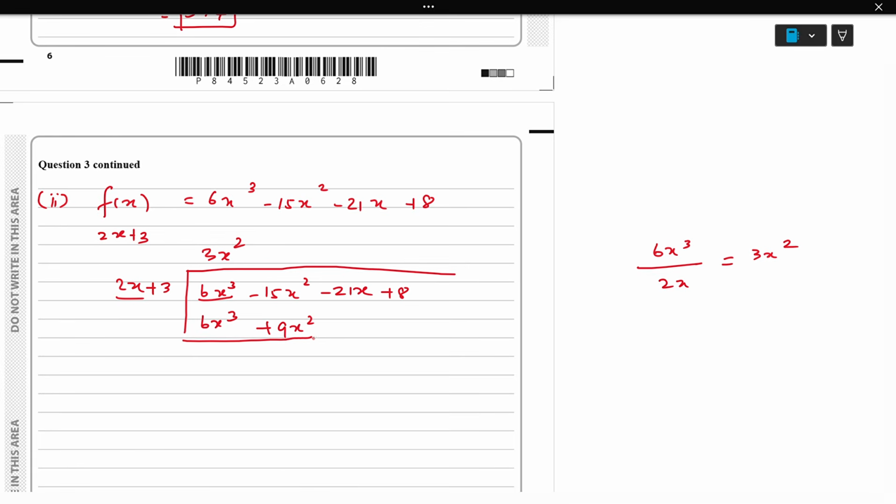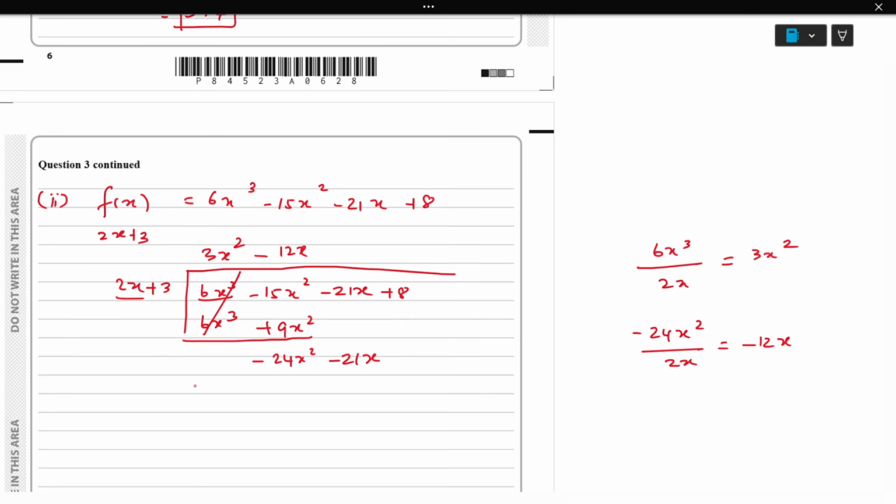So we have to subtract. Now subtraction time, this will be 0. Then minus 15 minus 9 is minus 24x squared, minus 21x. Again we divide the first terms: 24x squared over 2x is negative 12x. So we'll write negative 12x.